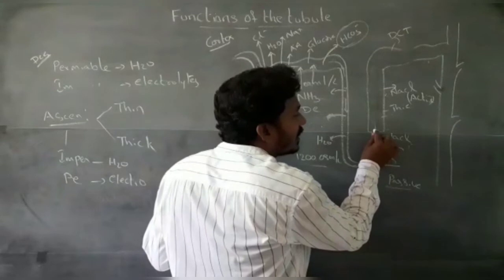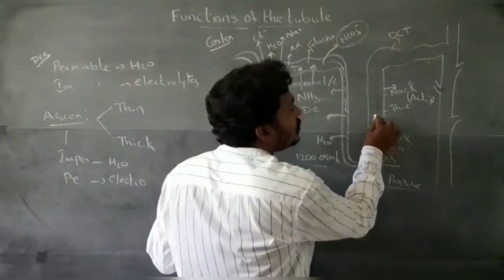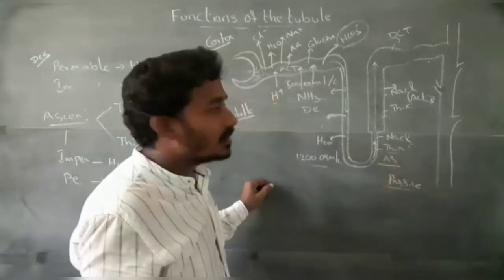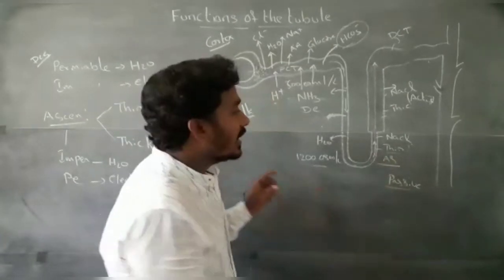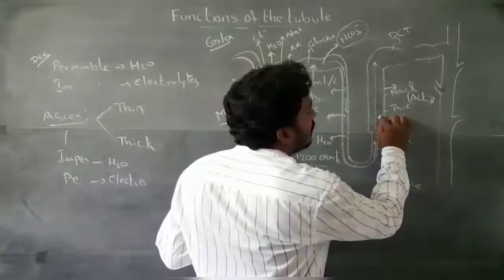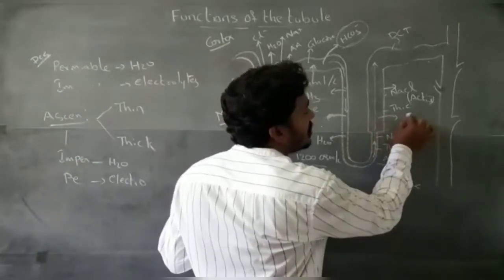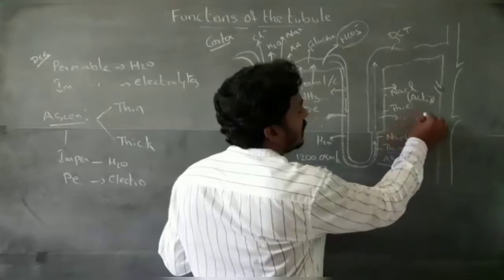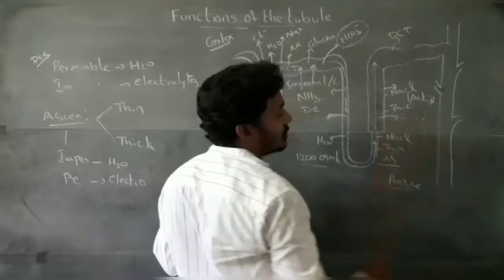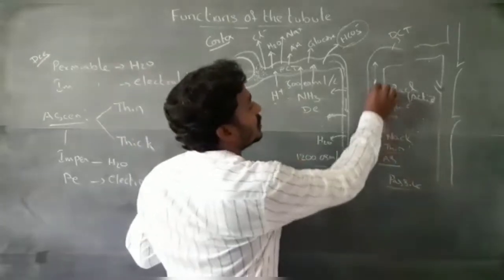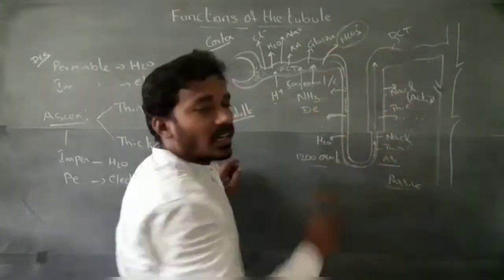The filtrate concentration decreases towards the cortex because electrolytes are transported to the medullary interstitium. So the filtrate is dilute toward the cortex.